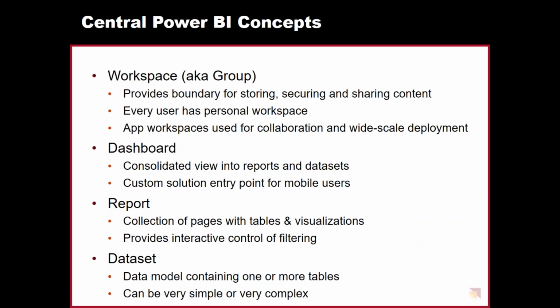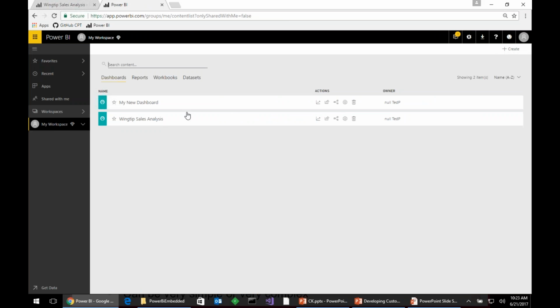Now, at the very bottom, you have this notion of a data set. A data set is basically just an abstraction of a set of tables. A simple data set could have something such as a single table with 3 rows and 10 columns.